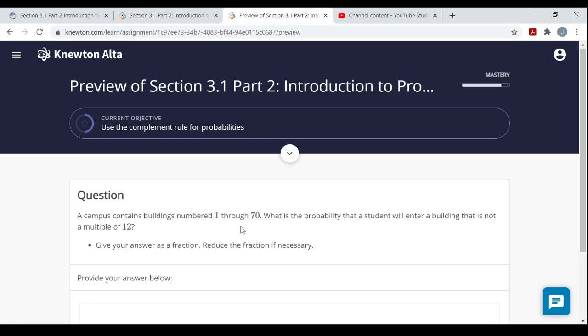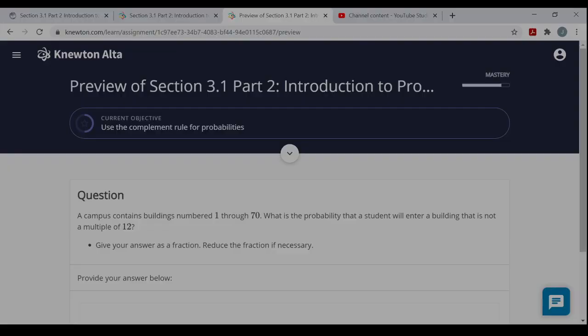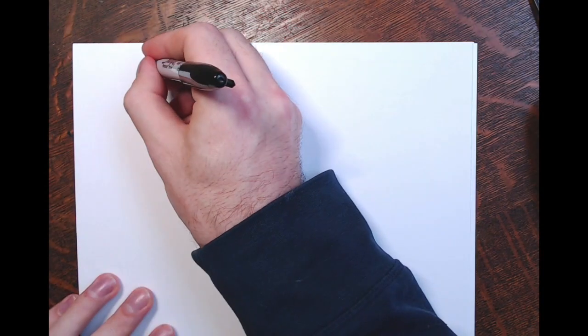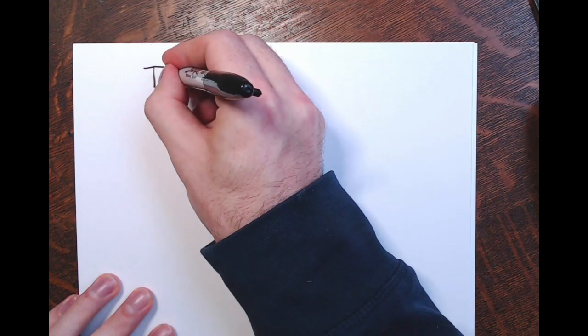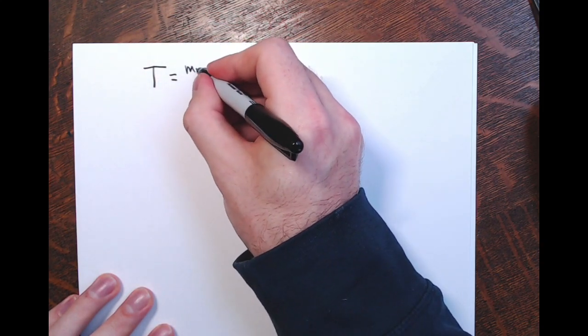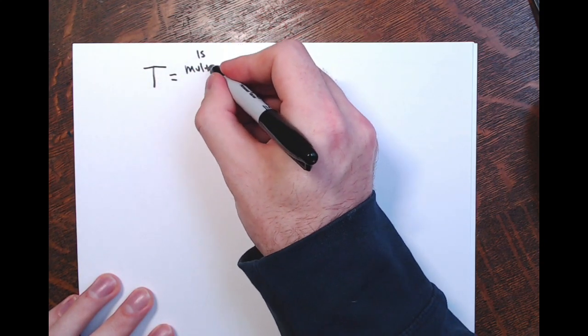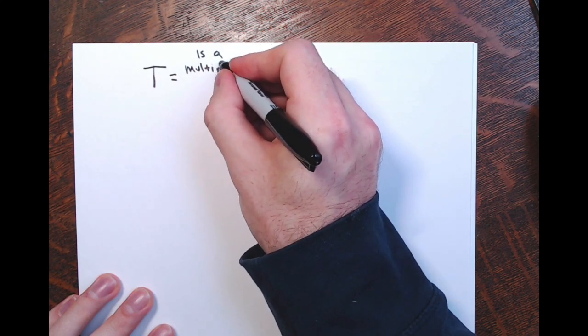All right, so 1 through 70, that means I'm going to be dividing by 70, right? There's a total of 70 buildings. So again, I'm going to have an event, I'll call it T for 12, is a multiple of 12. I'll start with that.